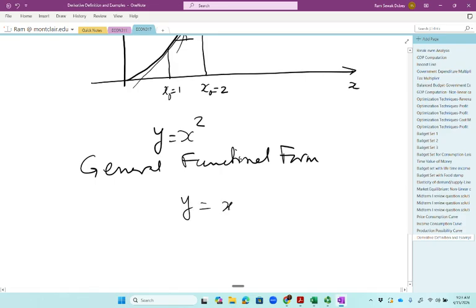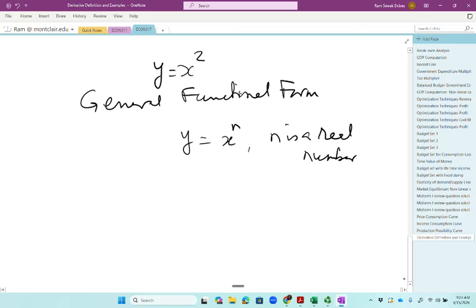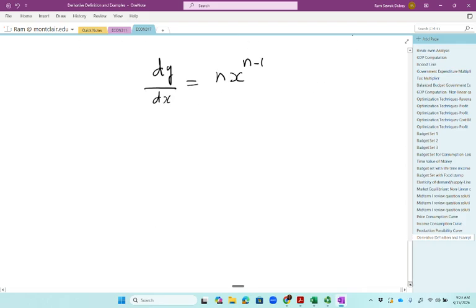Y equal to x to the power n, where n is a real number which can be any real number, positive, negative, fraction, or irrational number, and the same formula will work. The derivative of y with respect to x is n times x to the power n minus 1. So let's look at some examples.